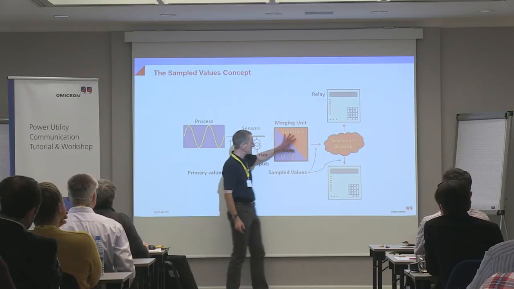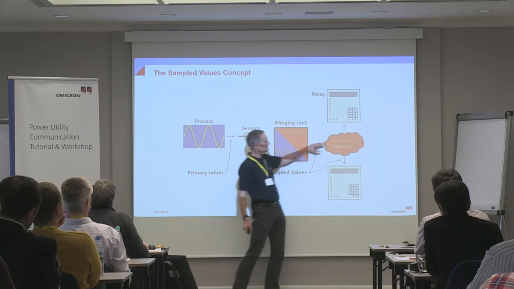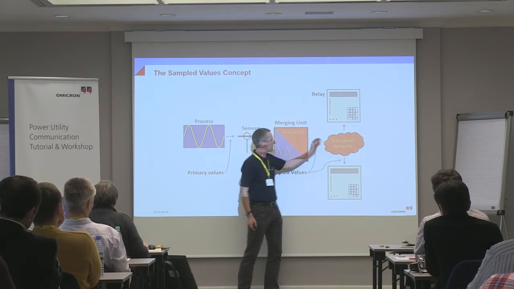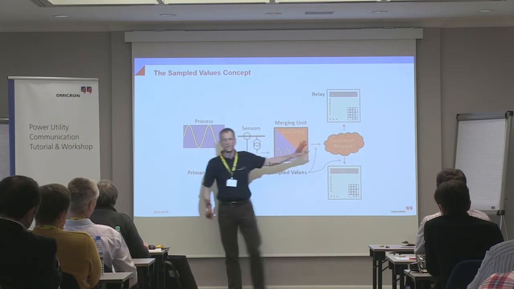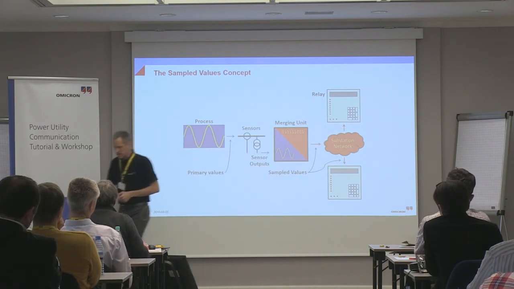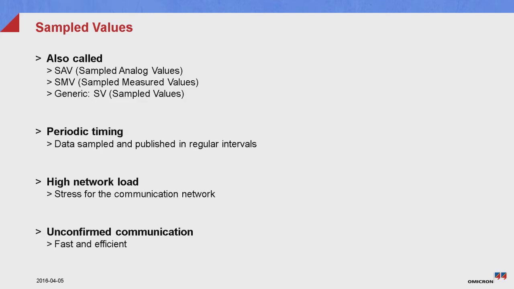The information is digitized, and then the sampled value stream goes into the substation network and can be distributed to any subscriber, in this case, to any protection relay that has to do something with that information. We also have a few different names, sampled analog values, sampled measured values. You find that in the documents.